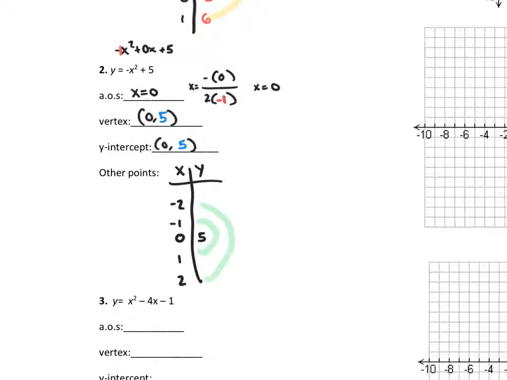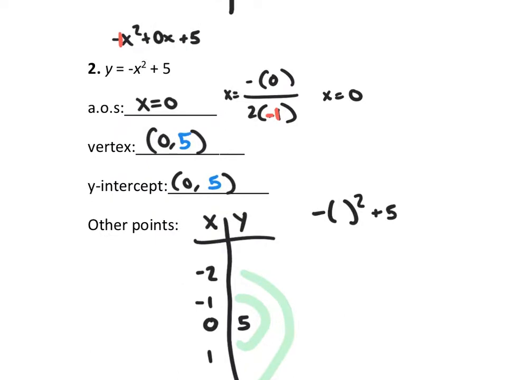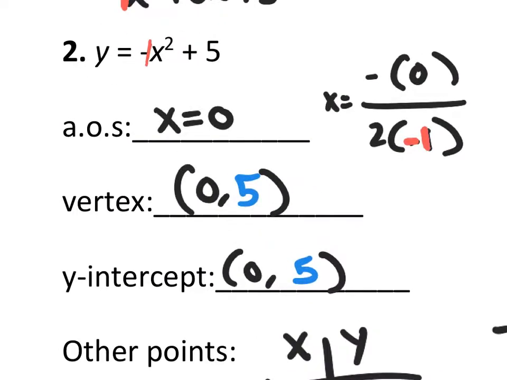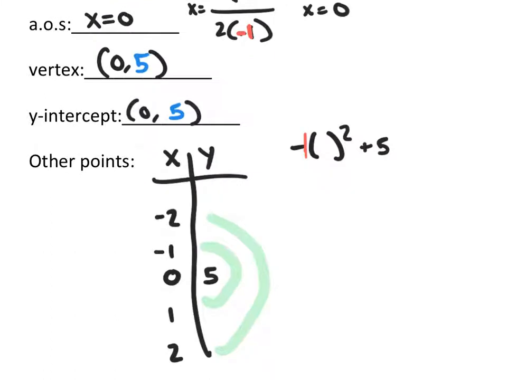So I'm going to need to plug in 2 values on this one. Now, one thing to notice is that I put this negative sign on the outside. That is how you have to do it. This negative is an a value of negative 1. So there's really a negative 1 waiting after I square a number. And I'm going to choose to plug in positive 1.